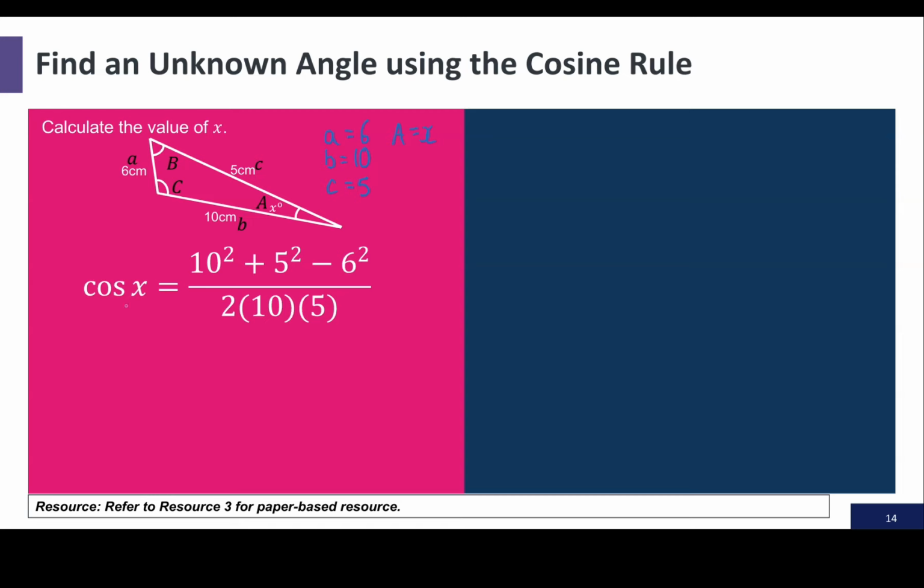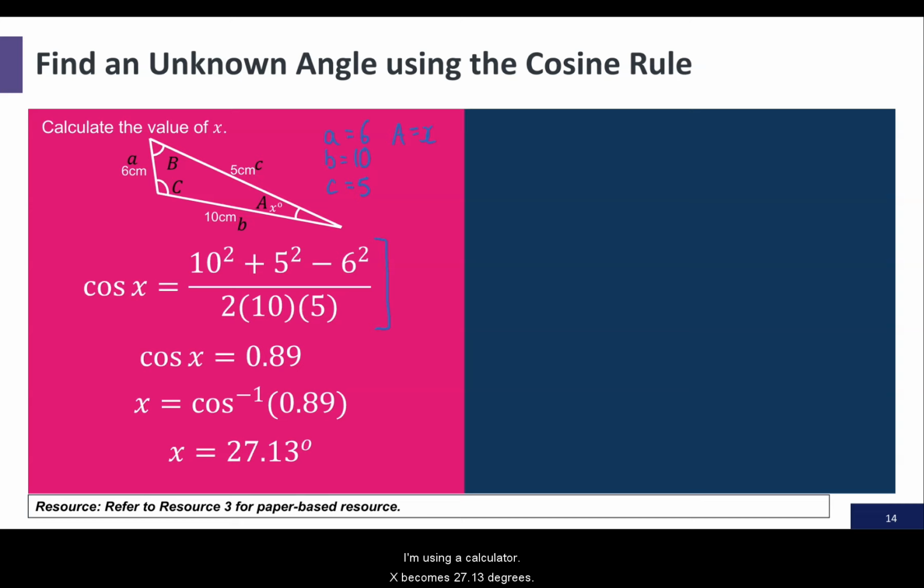Next stage is to calculate this right hand side in a calculator. And now I've got cos x is equal to 0.89. To get x equal, I need to inverse cos both sides. And using a calculator, x becomes 27.13 degrees.